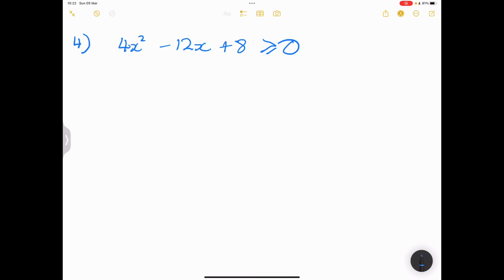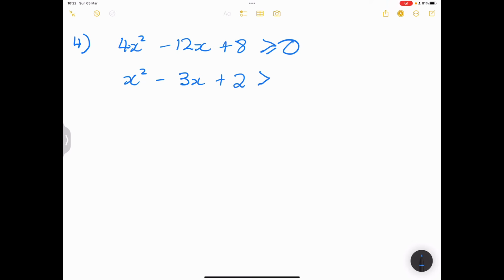I can see I've got multiples of 4 there, so let's divide by 4. This is going to be x squared minus 3x, 12 divided by 4 is 3, plus 2.